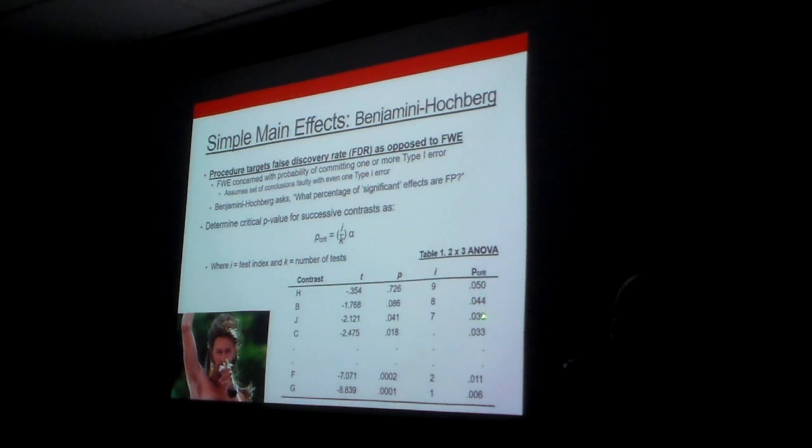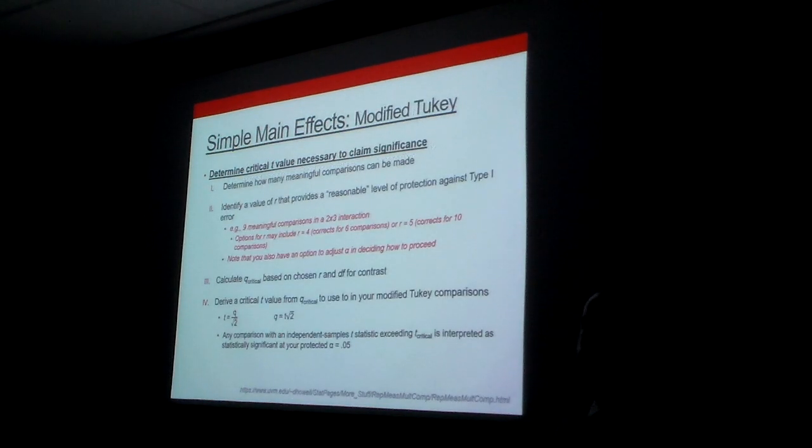But my Benjamini-Hochberg critical p is 0.039, and so Benjamini-Hochberg would say that this is maybe a false positive, right? But by the time we get down to this one, we get a p-value of 0.018, my critical p is 0.033, we would count this one. Down, down, down, keep going on and on, right? So it's a different approach, and it's providing a more exact correction than my modified Tukey approach, okay?